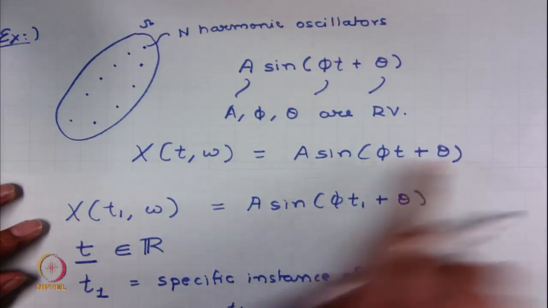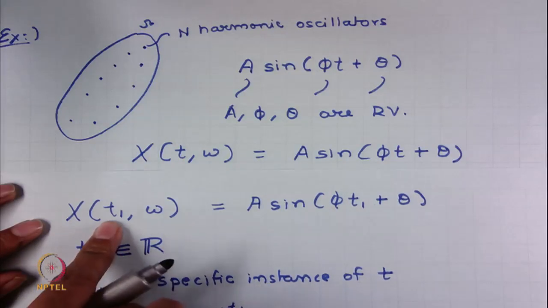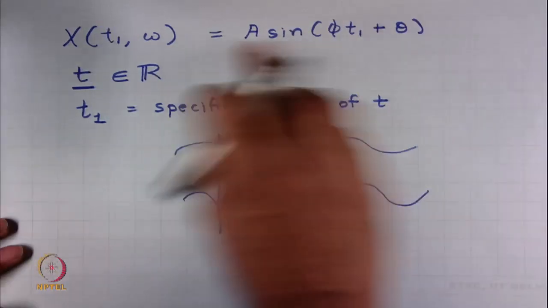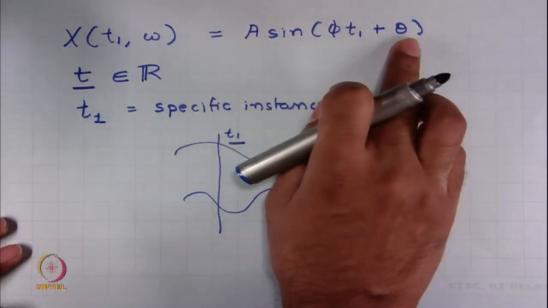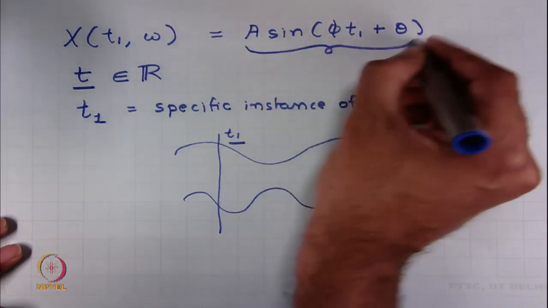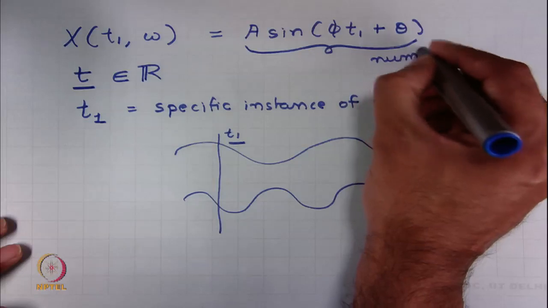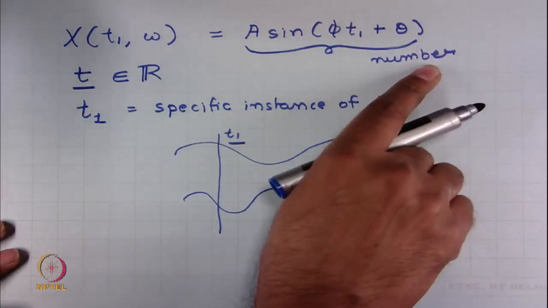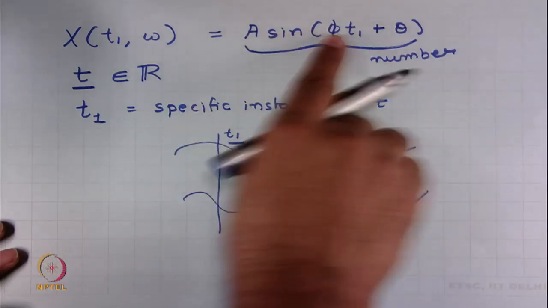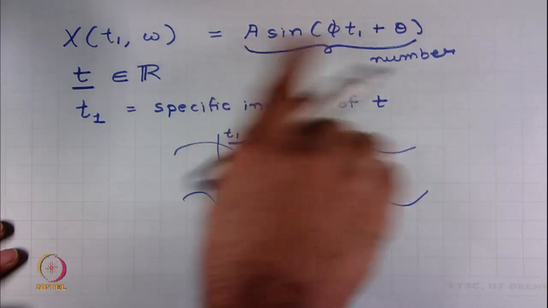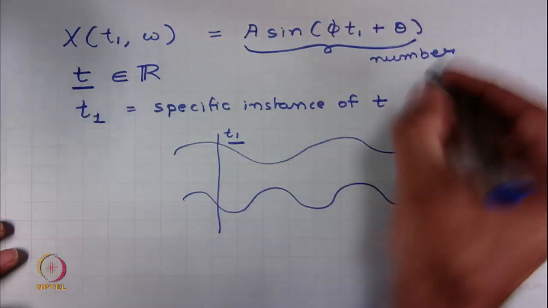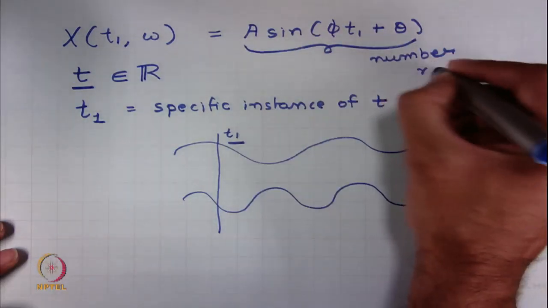Now, I am trying to think about what this quantity is at a specific time instance, t1. So, I just replace t by t1. Now, if you look, this quantity is not a function of time anymore, this is just a number. This number depends upon the outcome of an experiment, because it would be decided by what values A, phi and theta take, and the values of A, phi and theta depend upon the outcome of an experiment. So, in this context, this is not a process, but a random variable.